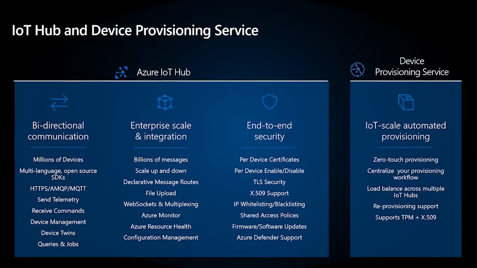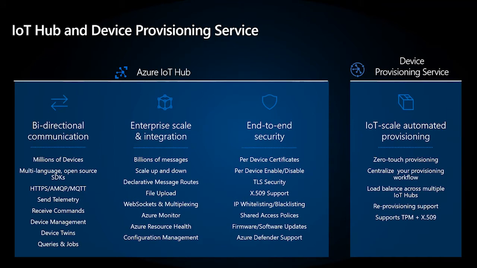Now let's talk about device provisioning service. Device provisioning service really allows you to do that automated provisioning, zero-touch provisioning at scale. You can centralize your provisioning workflow. So if you're doing one device or groups of devices, you're able to provision at scale and have a nice way of doing that in a centralized view.